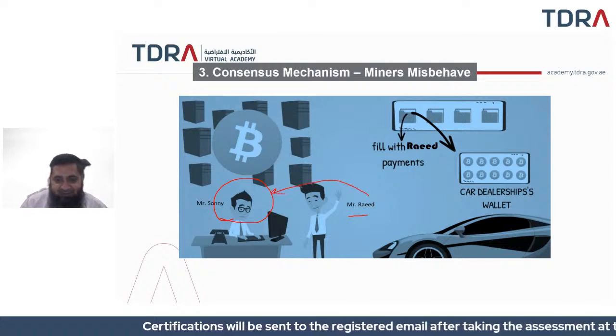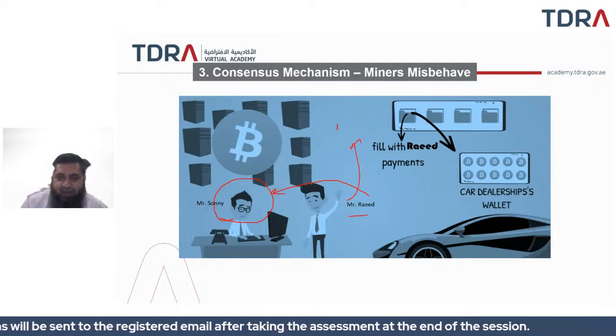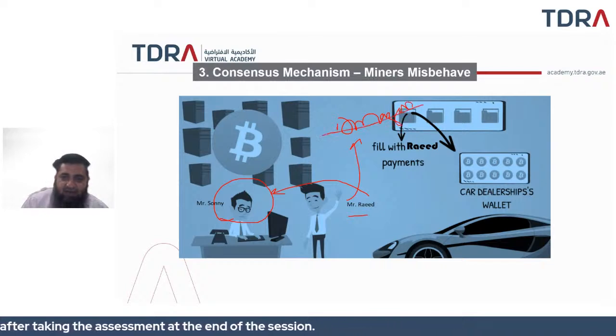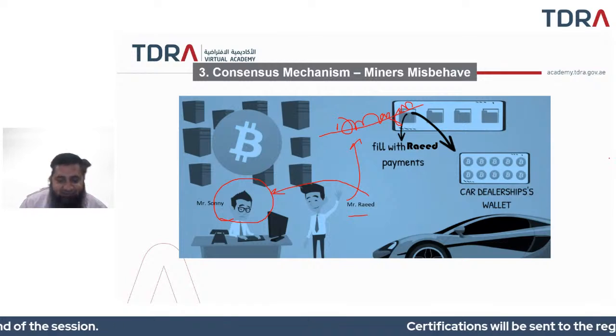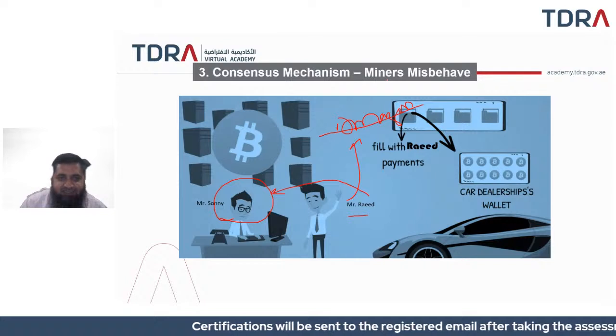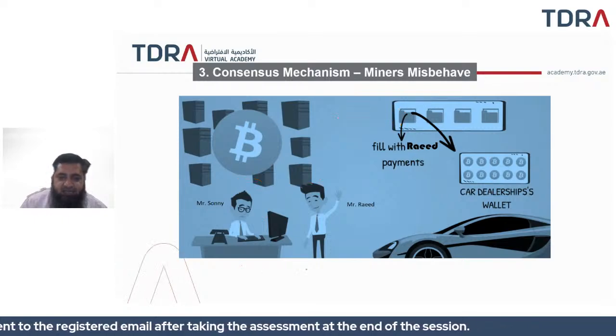In the meantime, this person is also going to buy another thing from Amazon. In this way, they could do a double spending. But we know that there is an intermediate step, and due to the consensus mechanism, this misbehavior of miners can be managed in the blockchain ecosystem.